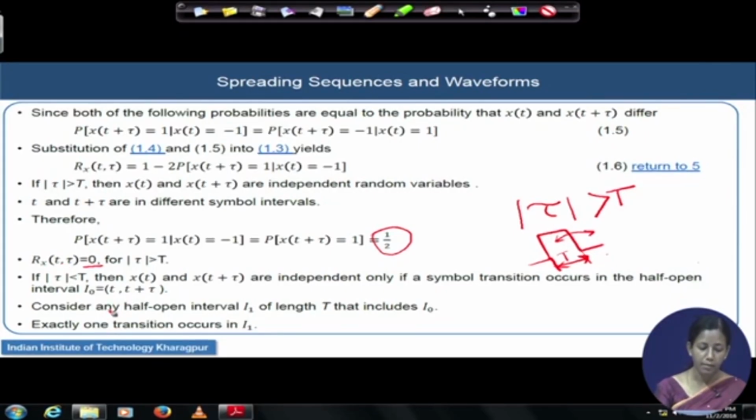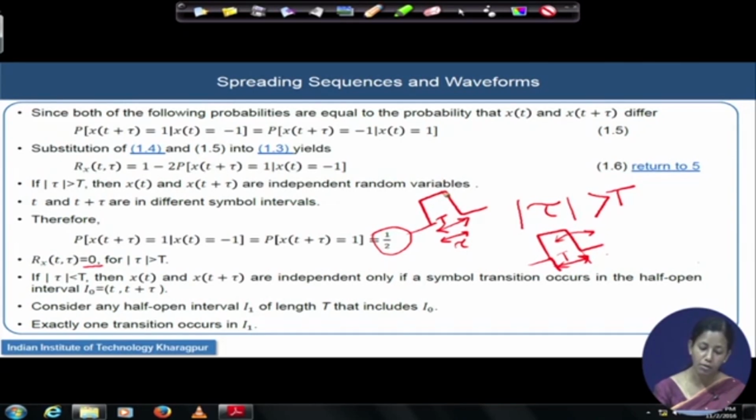Now, what will happen if this value of τ is less than capital T? When it is less than capital T, x(t) and x(t+τ) can be independent if and only if something like this happens. This was the time period capital T, and you have a delay τ which is less than capital T, but still the transmitted symbol x(t) and the delayed received symbol x(t+τ) are not the same.